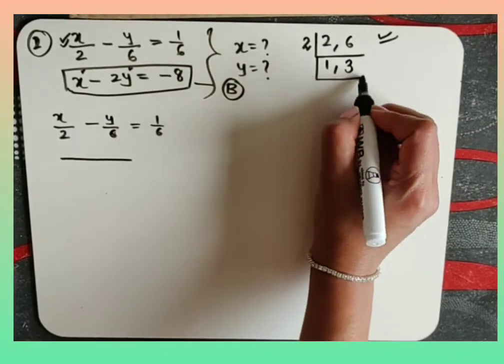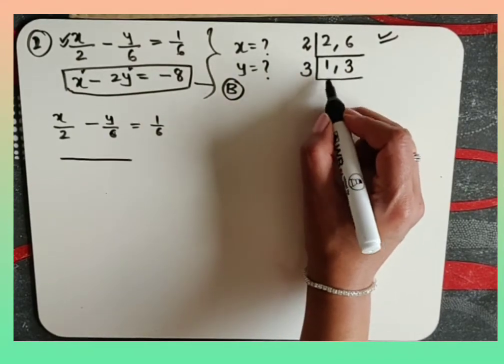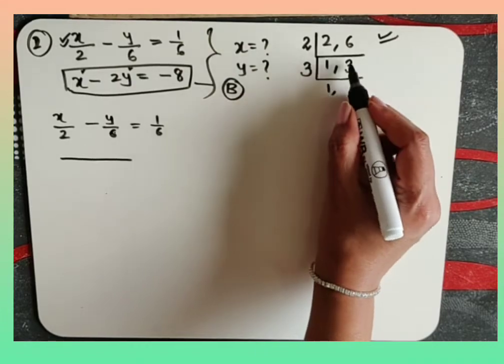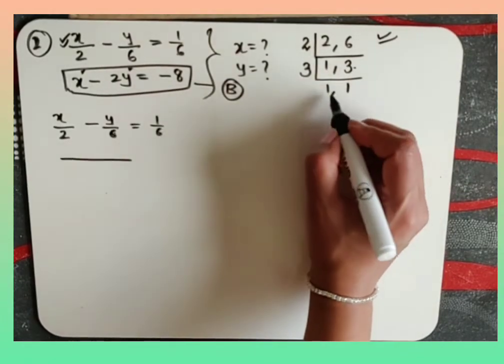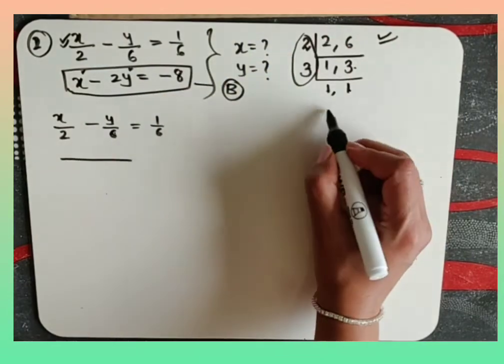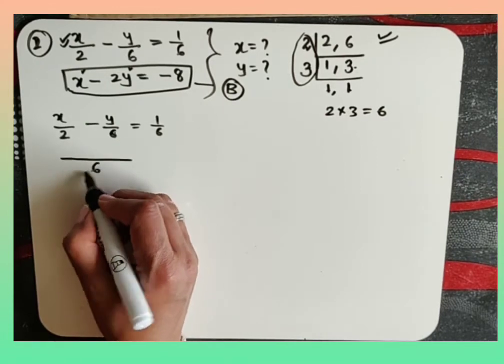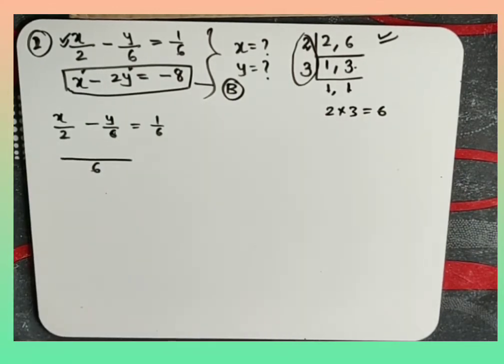Now again the lowest prime number is 3, so write down 1 as it is, and 3 multiplied by 1 gives 3. When you find 1, stop there and multiply these terms. So 2 multiplied by 3 gives 6. So 6 is the lowest common denominator here.